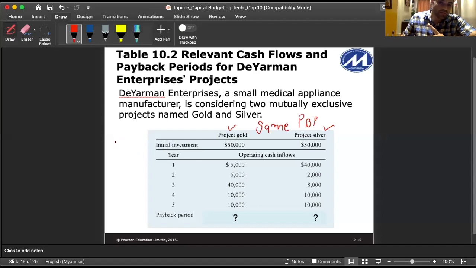Can you check ARR? Can you tell me if we apply ARR method, which project we should select?